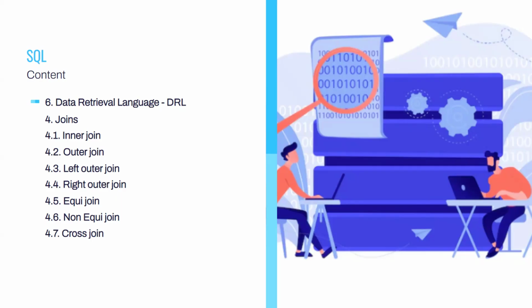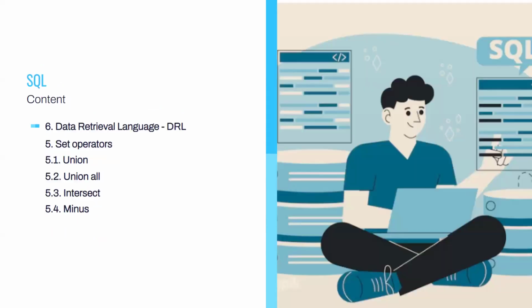Once you have the criteria, what type of join do you want to perform? There are many joins we have: inner join, outer join, left outer join, right outer join, equi join, non-equi join, and cross join. We will discuss each one of these joins in the join session.